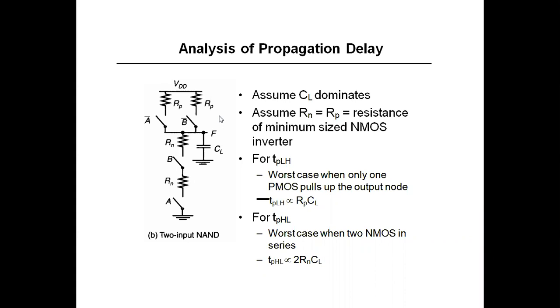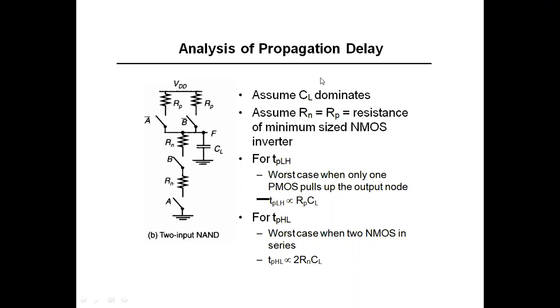Now, for the propagation delay from low to high, what is TPLH? TPLH indicates the propagation delay from low to high. Now if you assume the worst case, only one PMOS pulls up the output node.